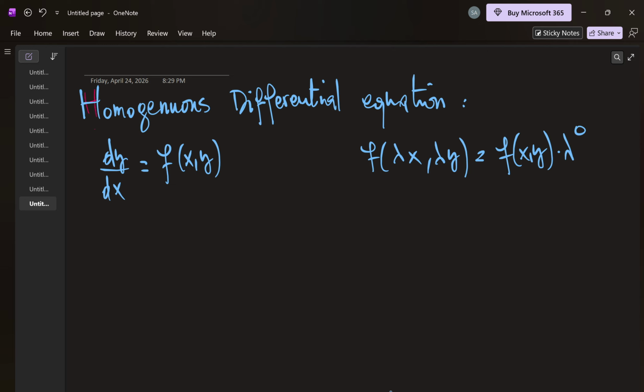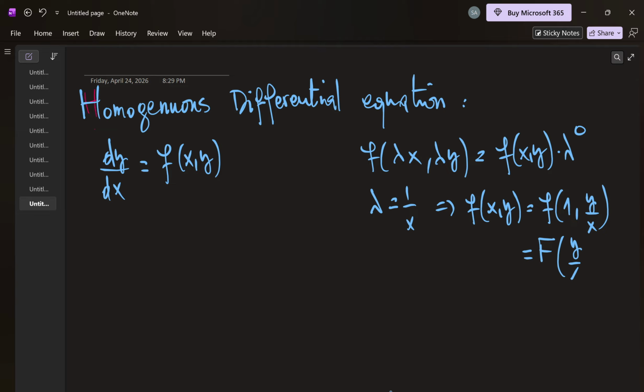That is, it is homogeneous of degree 0. Now when you substitute lambda with 1 over x, you will get that f of x, y is equal to f of 1, y over x, and you could consider this as a function of y over x. So in reality we have a function of y over x.